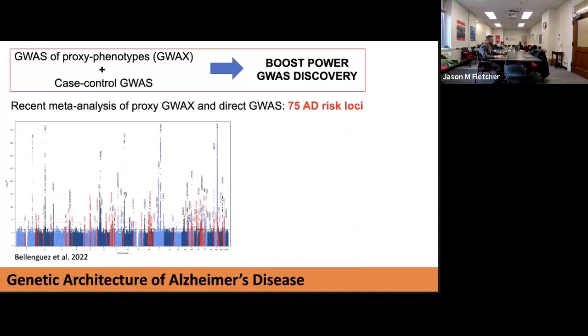So recent high-profile GWAS meta-analyses combining proxy GWAS with direct GWAS data on Alzheimer's disease have expanded the number of AD relevant risk loci far beyond the well-established APOE variant, which is the flagship of the genetic markers for Alzheimer's disease, to 75 loci in total. However, what about heritability?